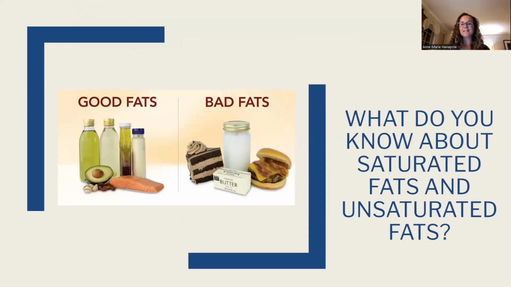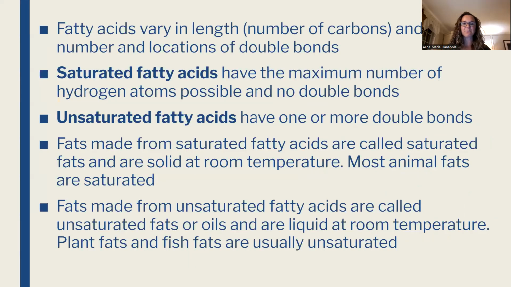And there are good fats and there are bad fats. So think about saturated and unsaturated fats. You've probably heard about saturated and unsaturated fats. So think about what you know about saturated fats. A saturated fatty acid is going to have the maximum number of hydrogen bonds possible, and there's going to be no double bonds in there. We're going to take a look at a picture in just a second.